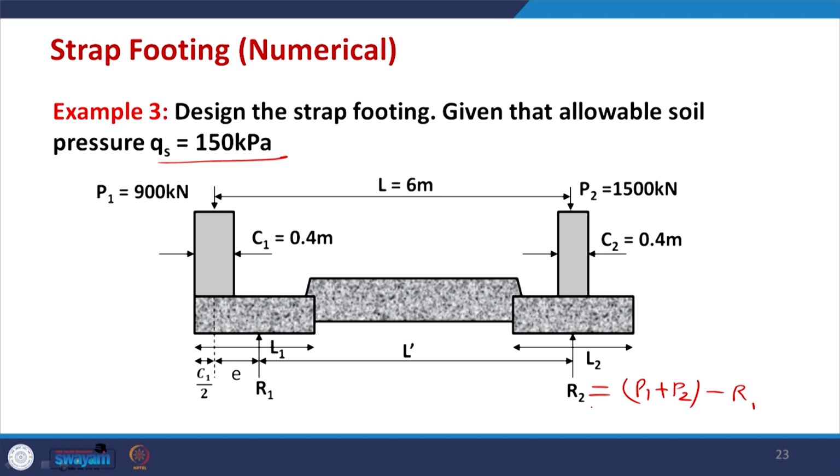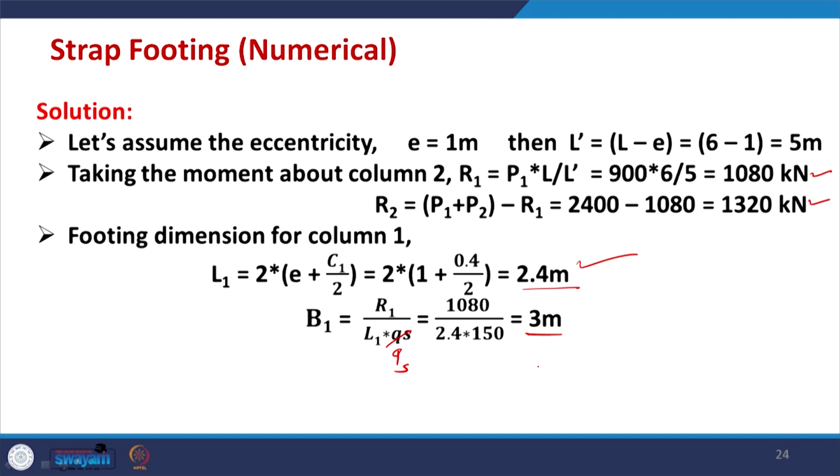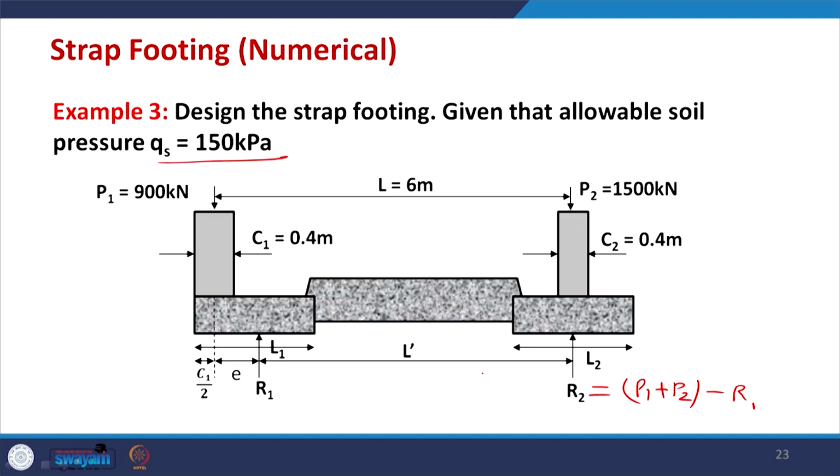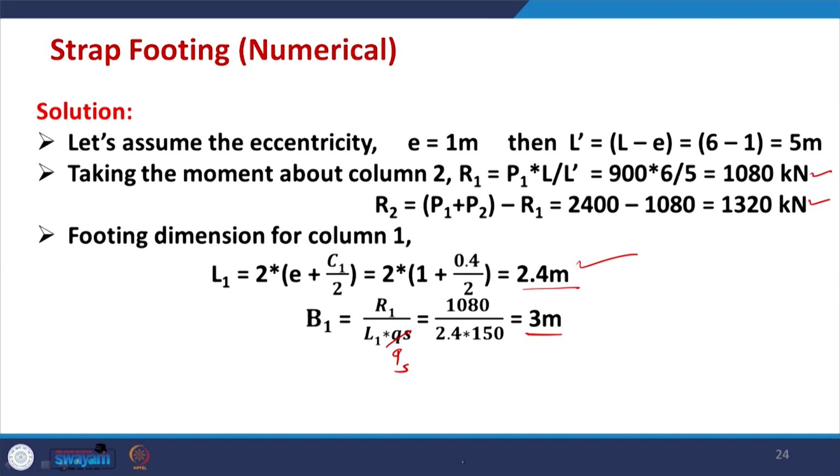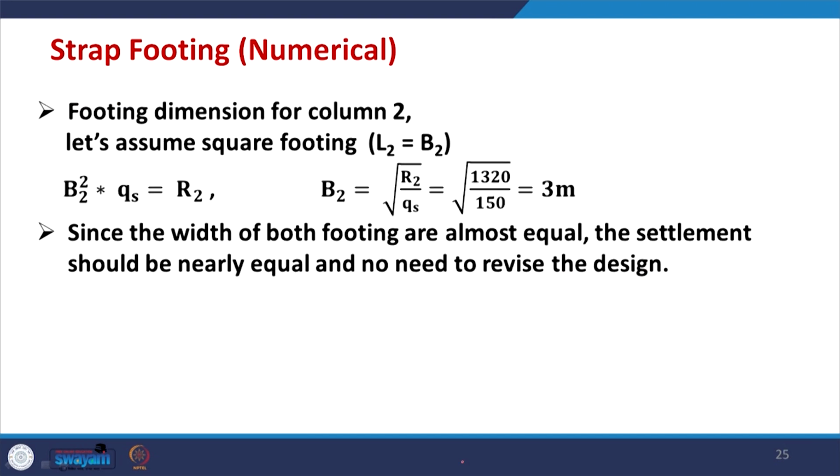Now, the second footing, which is symmetrical. One way is to assume the width of this second footing same as the width of the first footing, and once the width is known, because the area is known, you can find the length of the footing. The other way is to assume that the second footing will be a square footing.